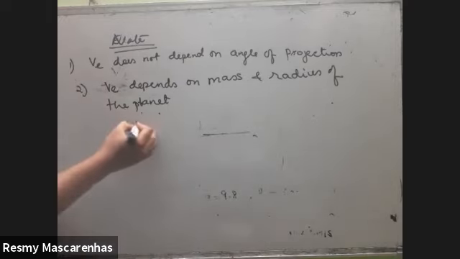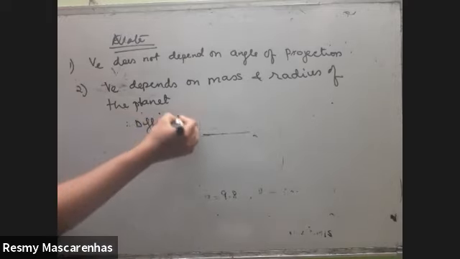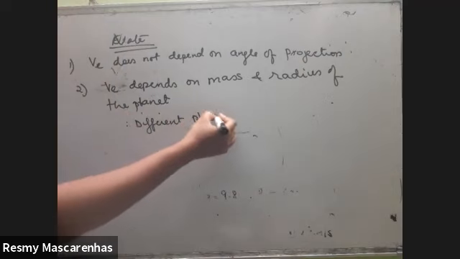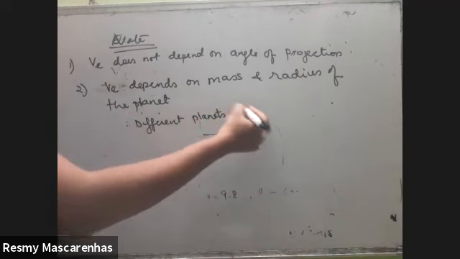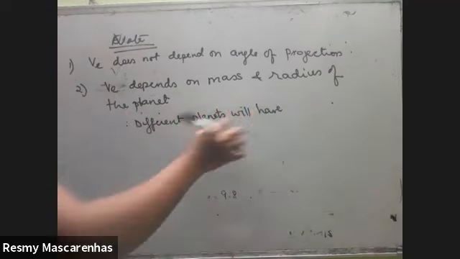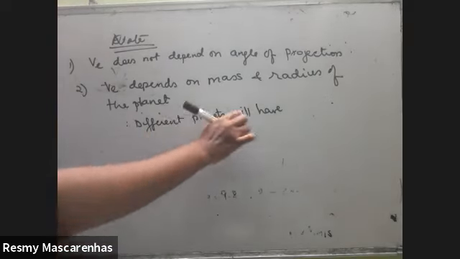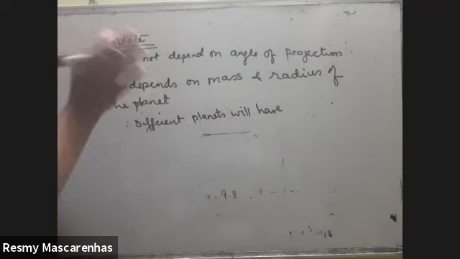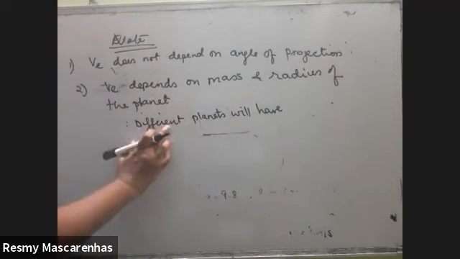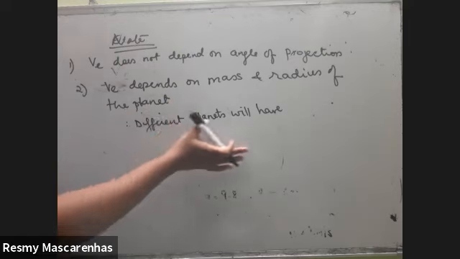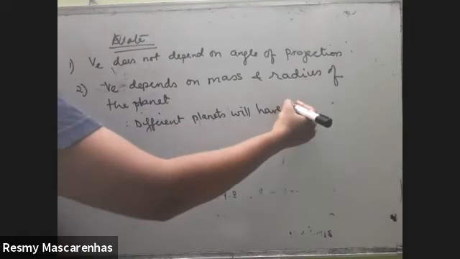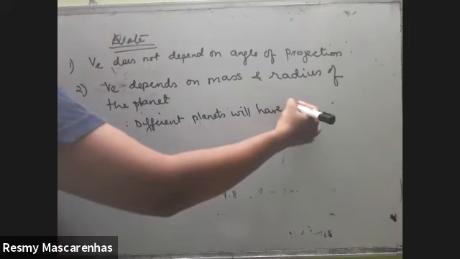Therefore, different planets will have different escape velocities. Sometimes an application question comes: do all the planets have the same escape velocity? Give reason. So we have to say that different planets will have different escape velocities.